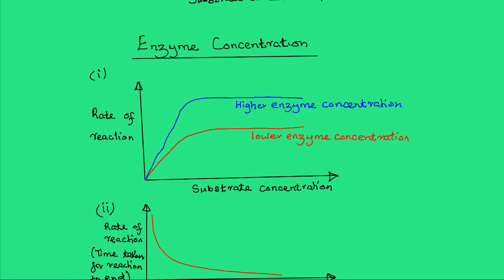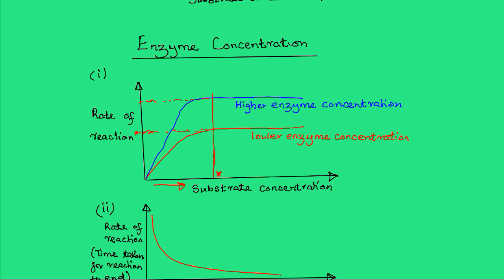So if we continue increasing, let's say, the substrate concentration in two different setups, the rate of reaction will continue. But at a lower enzyme concentration, the fastest rate will be attained at a lower point compared to enzymes at higher concentration.